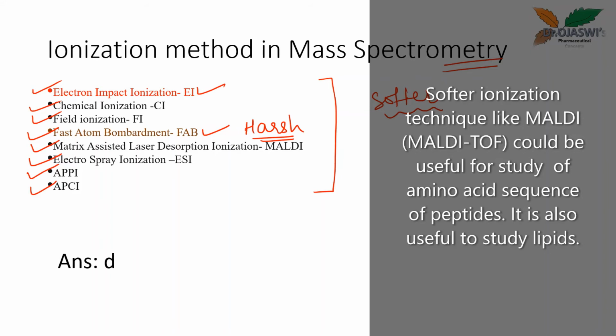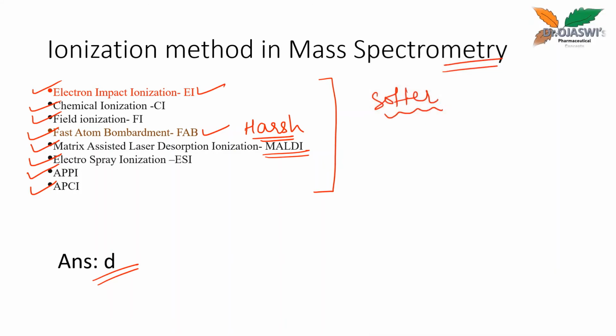So here answer D is the correct answer. MALDI comes under the softer ionization technique. And what is the difference between harsh and softer ionization techniques, that I have already explained in the special video on the principle of mass spectrometry.